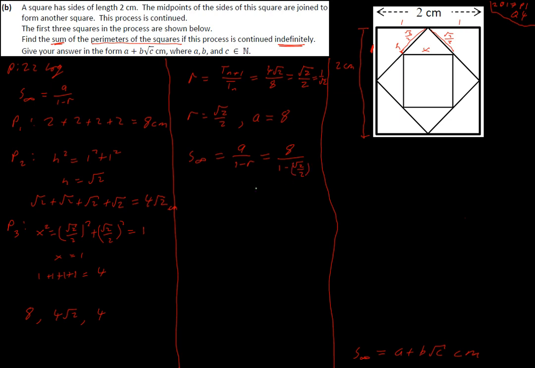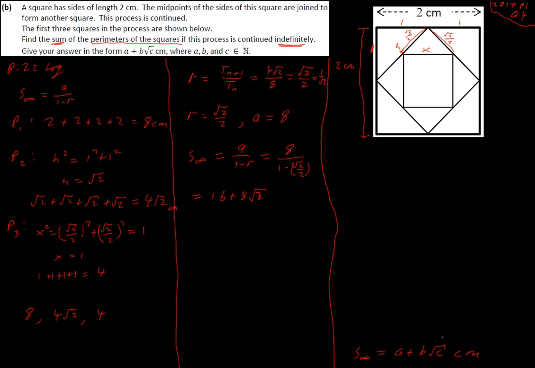It's often safer to actually put it in brackets when you have a fraction inside a fraction. When you do that, you will get out of your calculator 16 plus 8 root 2.